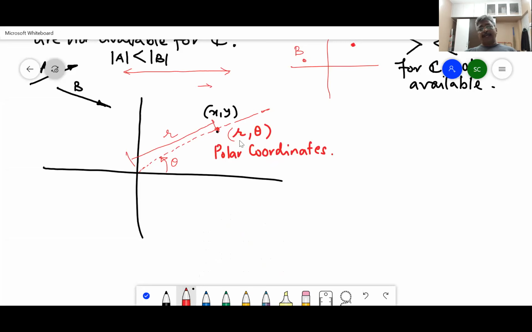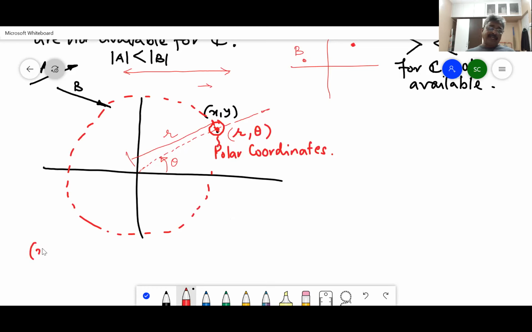First you say how far it is from the origin, so it can fall anywhere on the circle of radius r, and then you say its angle with the positive x-axis, theta. Then only one point is determined by that method. So this is the third representation of a complex number: r comma theta.